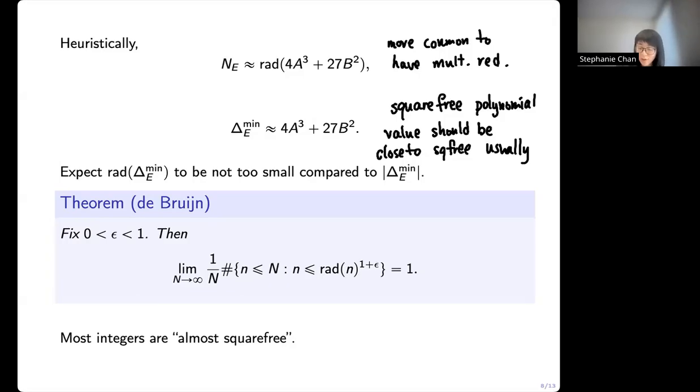So instead of all elliptic curves, what I looked at, as suggested by the title of my talk, are special families, and these are families with prescribed torsion subgroup.